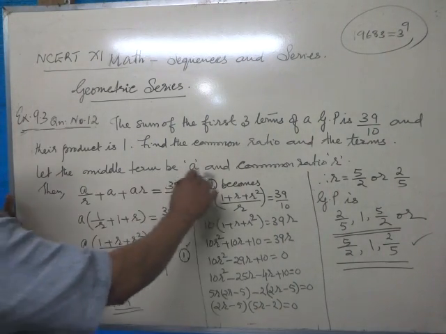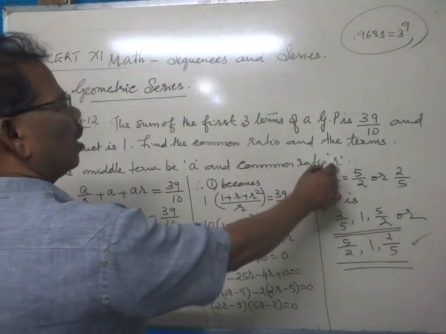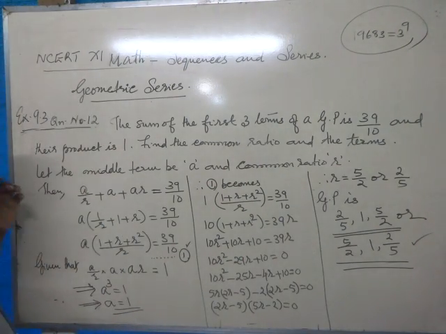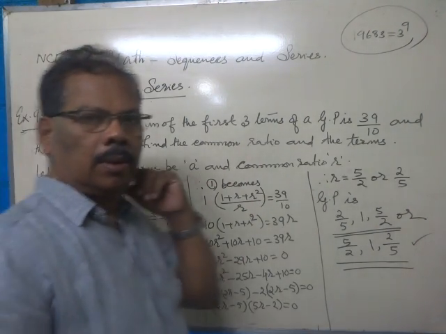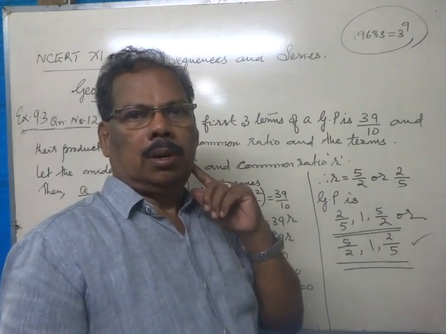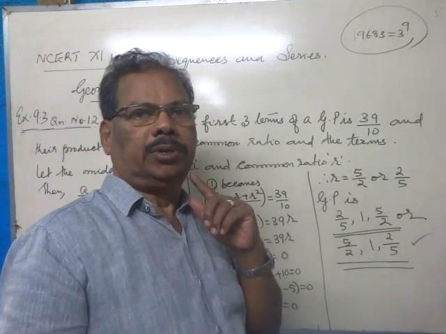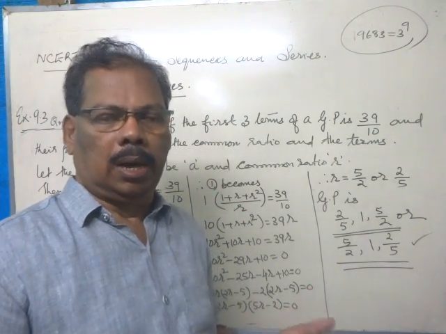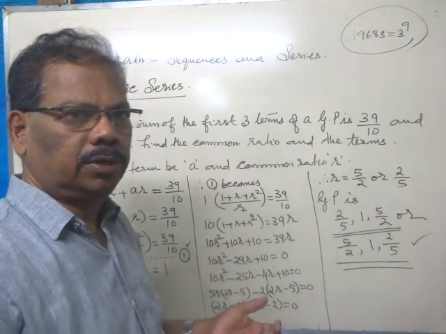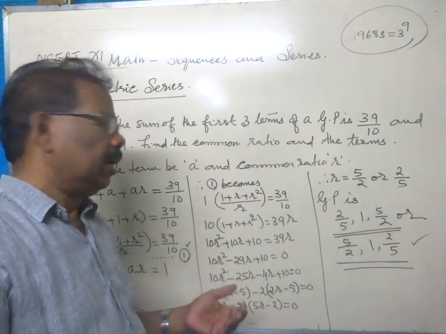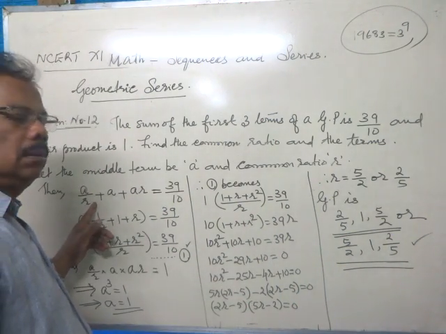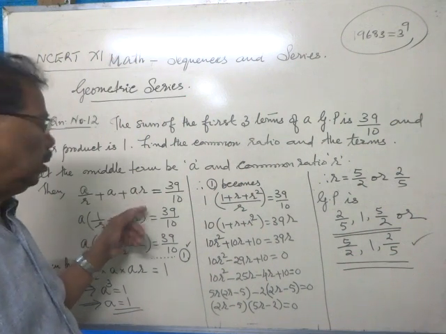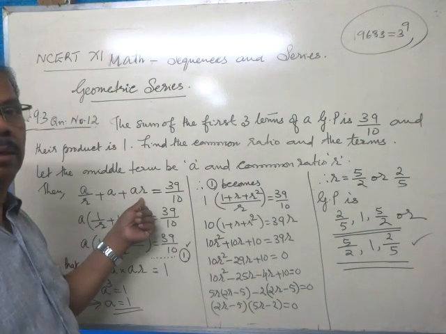Let the middle term be A and common ratio R. Then the first term will be A by R and the third term will be A multiplied by R.